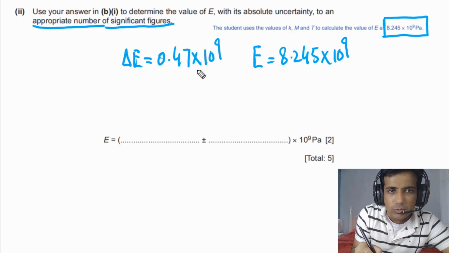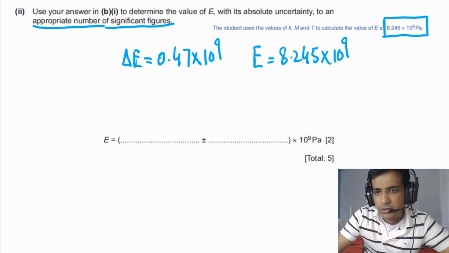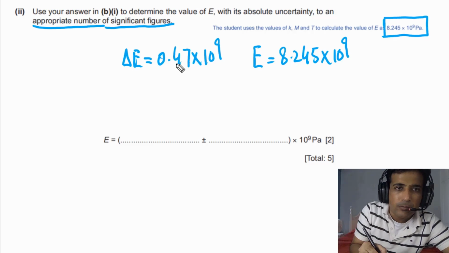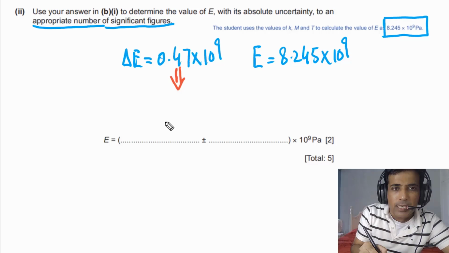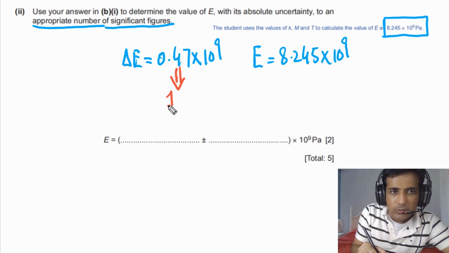So in order to write the answer for this question, we need to consider first of all the number of SF in the absolute uncertainty. Absolute uncertainty, you have to write down up to 1 SF. I mean, you need to round this one up to 1 SF, one significant figure.